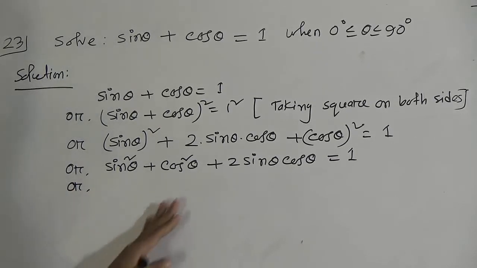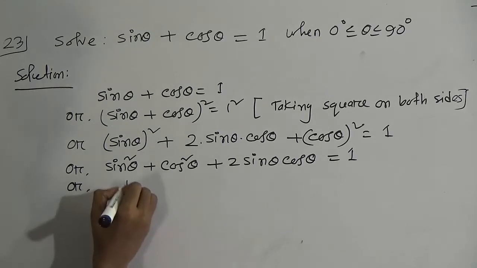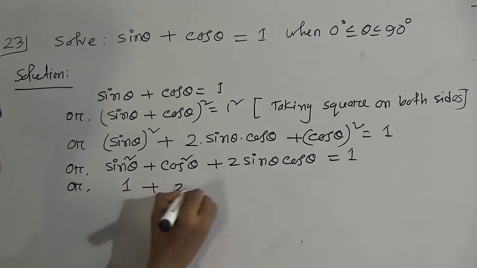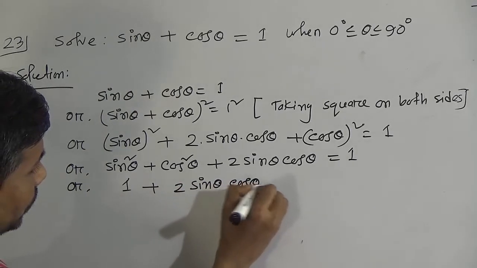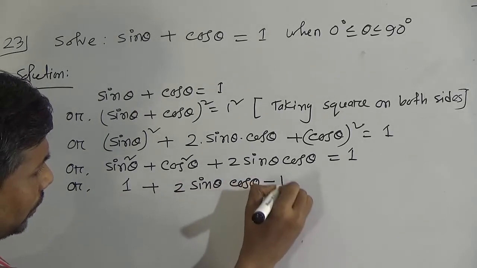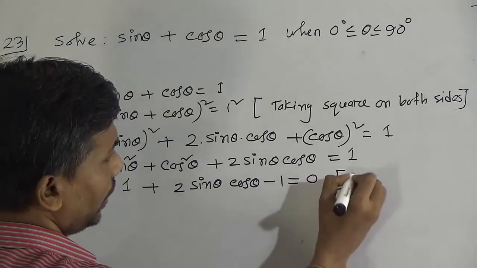Sin square theta plus cos square theta equal to 1. We already discussed this formula in exercise 9.1. Okay, sin square theta plus cos square theta equal to 1. Right here 1 plus 2 sin theta cos theta plus 1, and this will be minus 1.